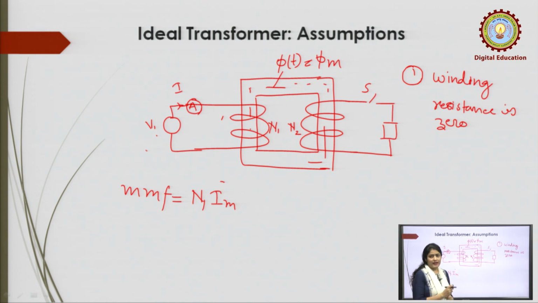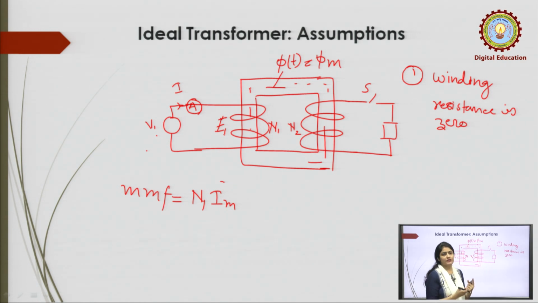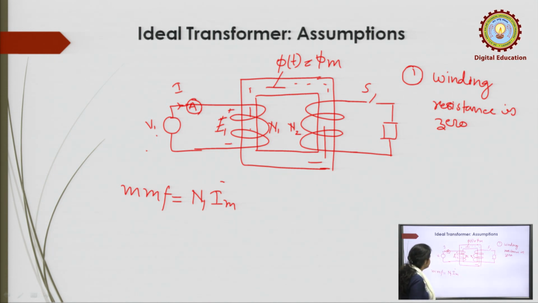So, with this changing magnetic field, according to Faraday's law, an EMF is induced in this winding. Suppose the EMF is E1, and the polarity of this E1 is such that it opposes the very cause of the production of the flux.